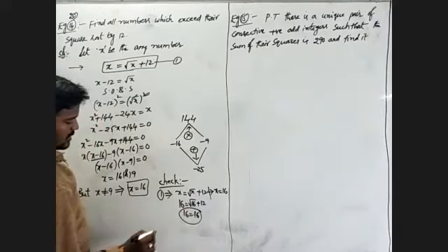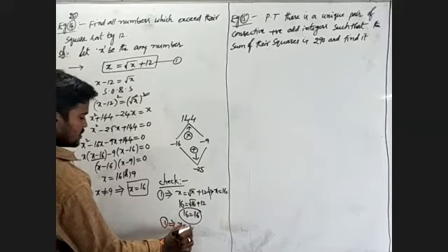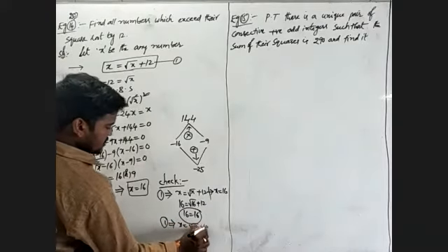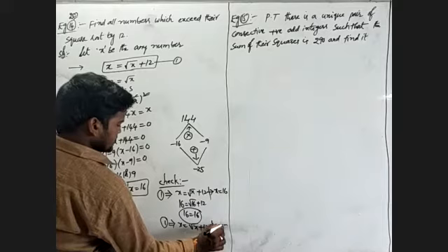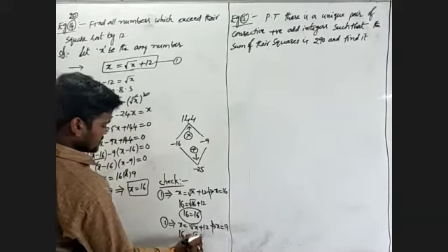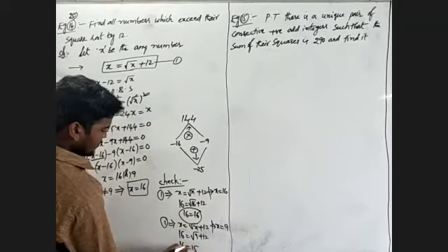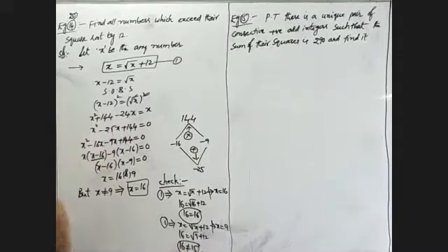Both are equal. Now I am going to the second condition, x is equal to root x plus 12. Here we take x is equal to 9. 9 is equal to root 9 plus 12. Root 9 is 3, so 9 is equal to 15. This does not satisfy the second condition.